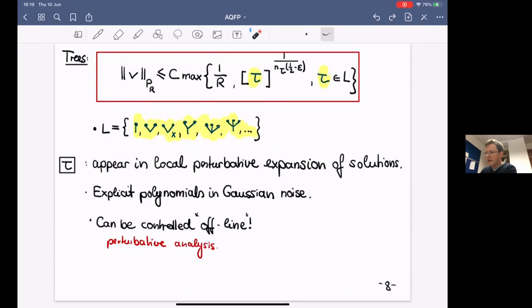These are all explicit polynomials in this underlying Gaussian noise, and they can be controlled. Borrowing the word from Felix Otto, he called this offline; one could also call it a perturbative analysis. So you can split very well: you get an estimate on covariances and so on of these polynomials of the Gaussian, and then you can plug it into your PDE machinery and you get this nice estimate.